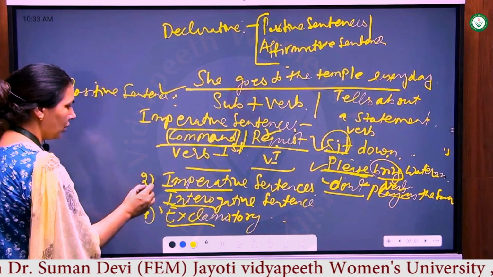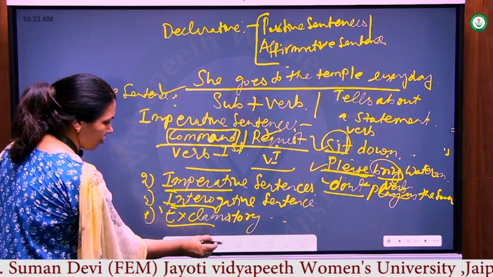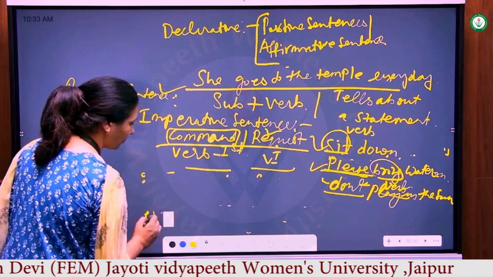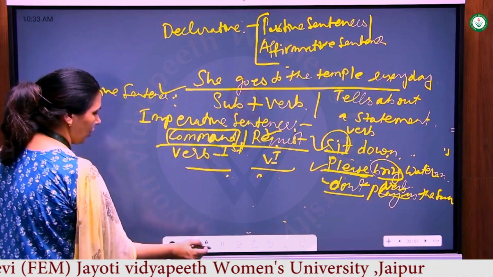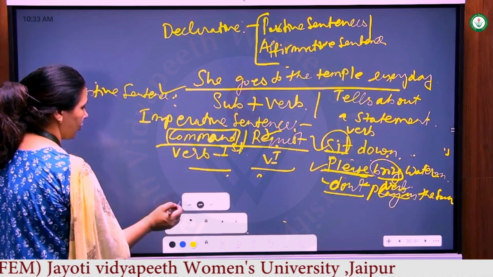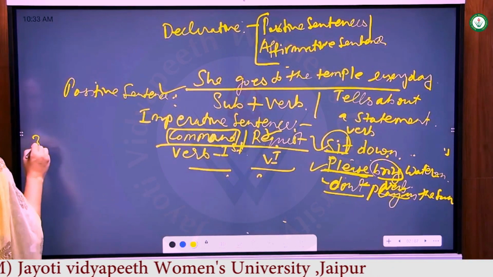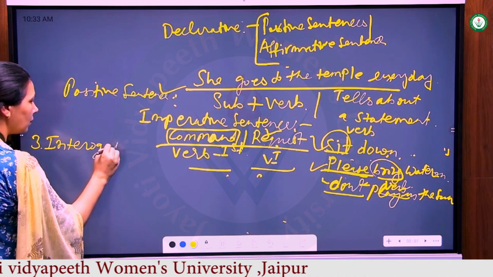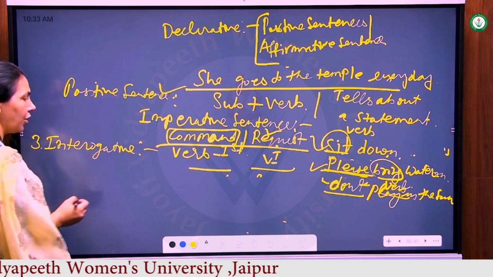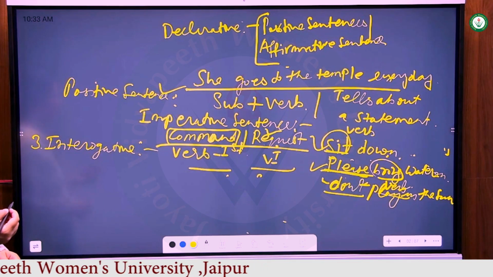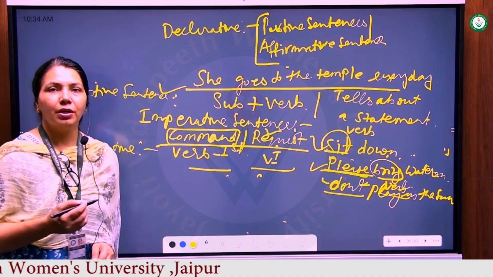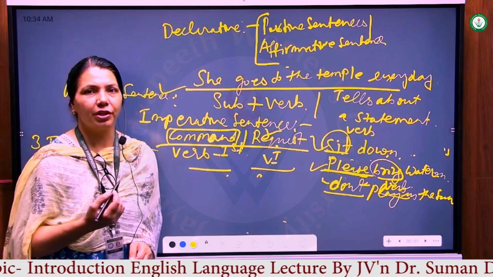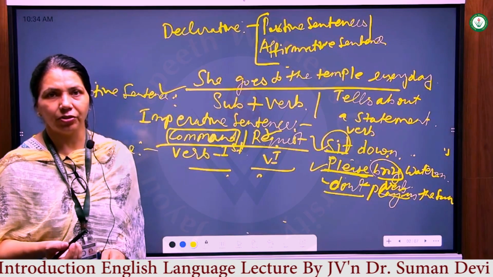Okay, now the third one is interrogative sentences. In interrogative sentences, you must have heard from childhood that when we are talking about sentences, there is affirmative, negative, then interrogative, interrogative with negative, then WH form.